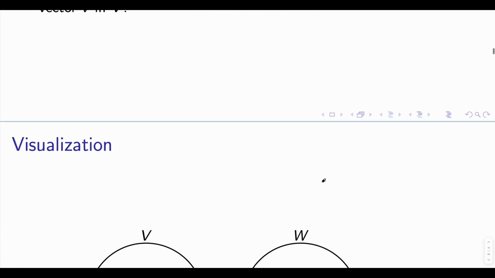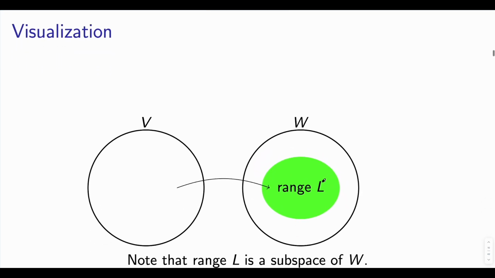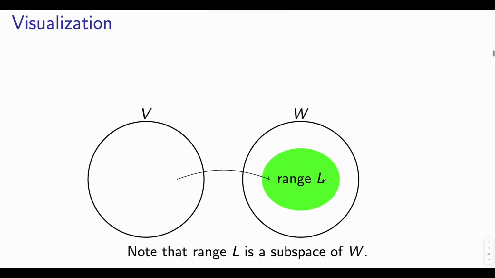So now how do we visualize how the range looks? If you see, V is a vector space and W is another vector space, L is the linear transformation. All those vectors sitting here look like L of V1, L of V2, and so on, and V1, V2 are all in V, right?